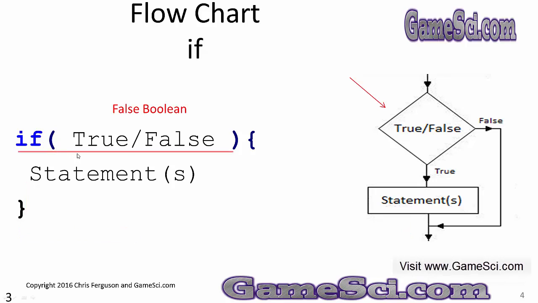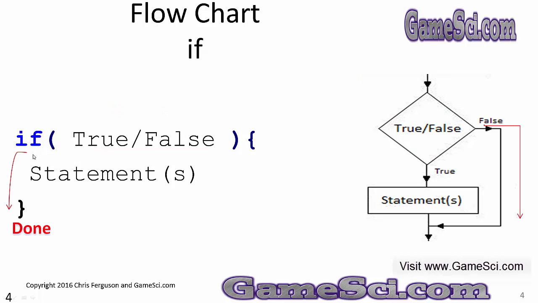I execute this code again, and this time our boolean or our condition is false. What happens when it's false? Well, first of all, we're in this diamond evaluating the true-false statement, and this time it comes out false. Well, we know when it's false in the code, we just skip the if block. We execute nothing.